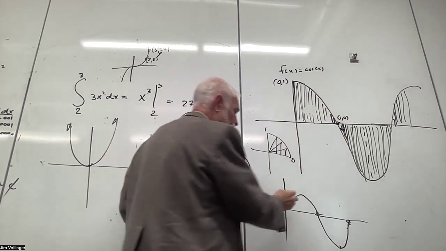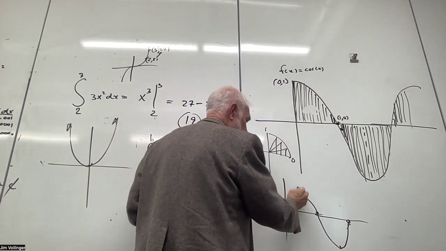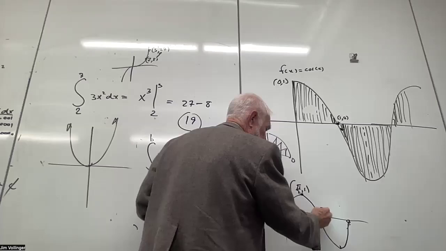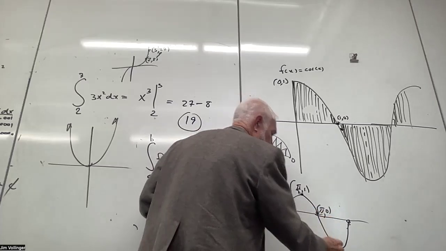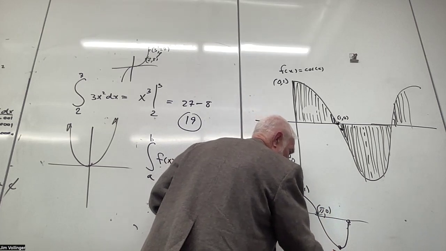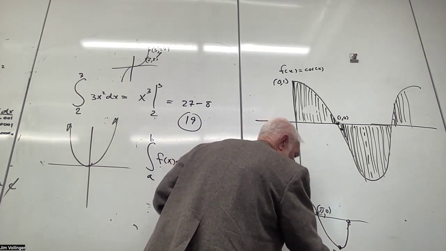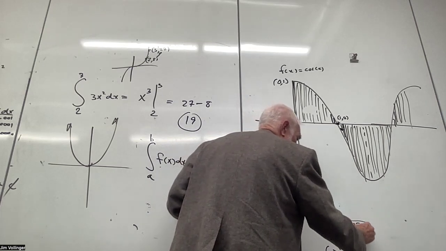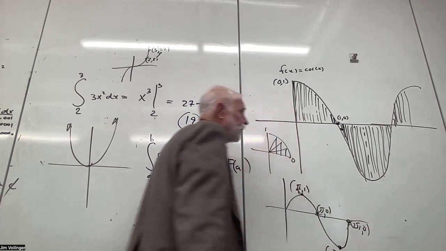Okay, so this is pi over 2. Pi over 2 gets me 1. This is pi. Sine of pi is 0. What's the sine of 3 pi over 2? So at 3 pi over 2, I go to -1. And then back at 2 pi, I come back to 0, so on and so forth.